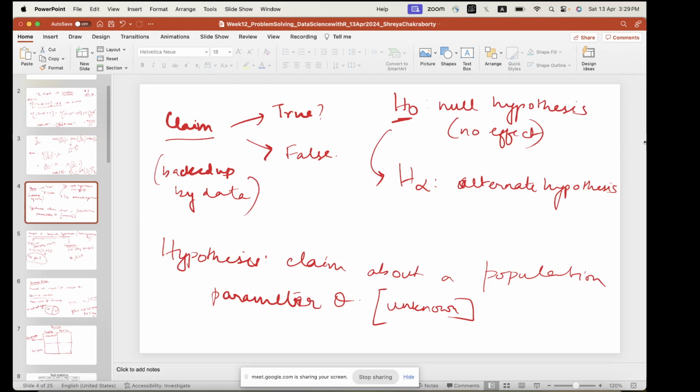What it essentially means is that we have enough evidence to reject H naught in favor of H1, the alternate hypothesis. There's a subtle difference, so please keep it in mind. The hypothesis is making a claim about a population parameter which is unknown.